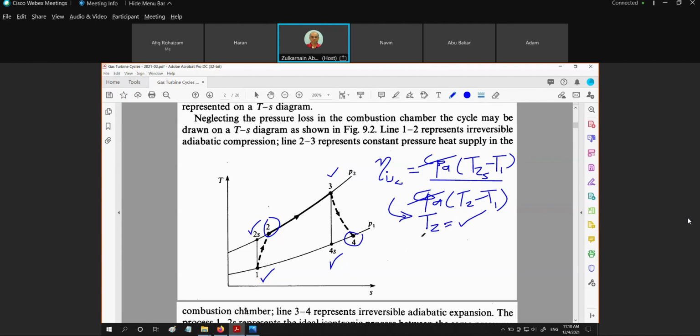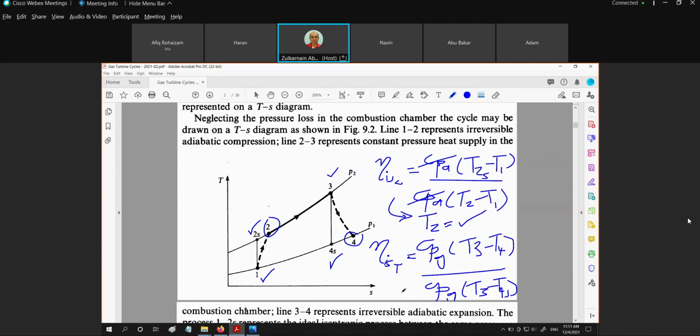As for the isentropic efficiency for the turbine, the definition is the actual work produced by the turbine, CPG (T3 minus T4), divided by CPG (T3 minus T4S).